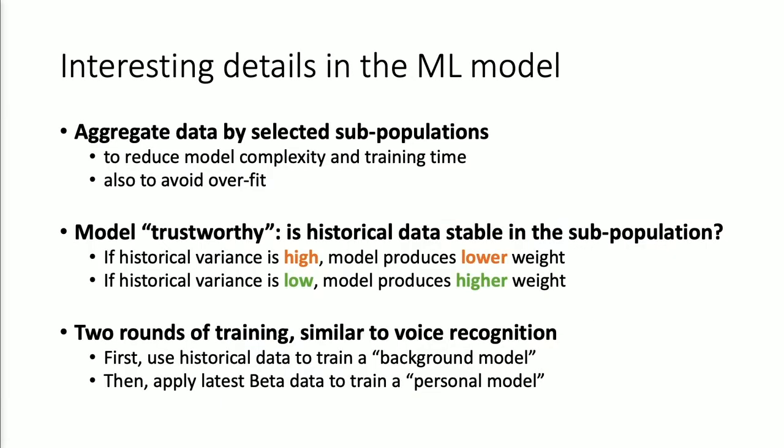There are a few more interesting details. Some I covered already, like we try to avoid overfitting by feature reduction, and we also try to model trustworthiness with historical values, similar to the LinkedIn case. And we have another interesting idea: we do 2 rounds of training, similar to voice recognition.